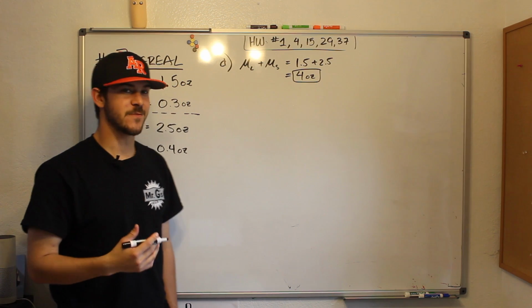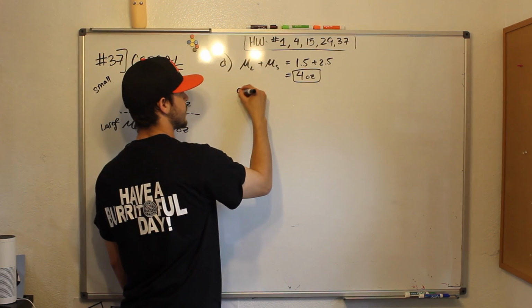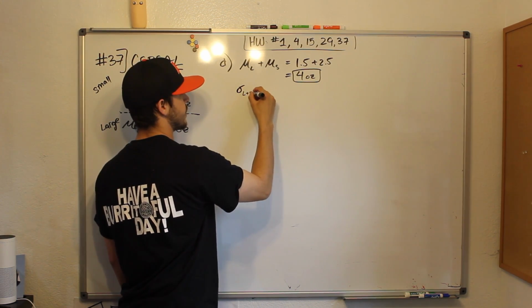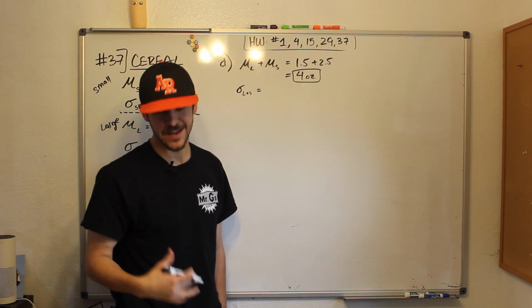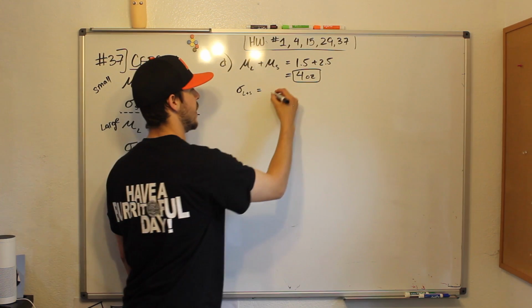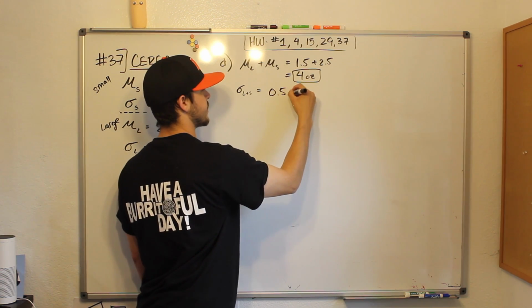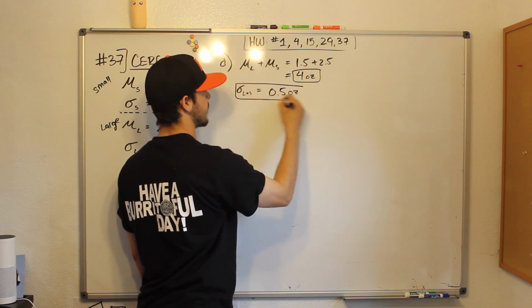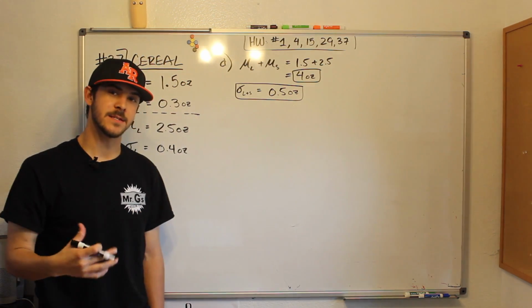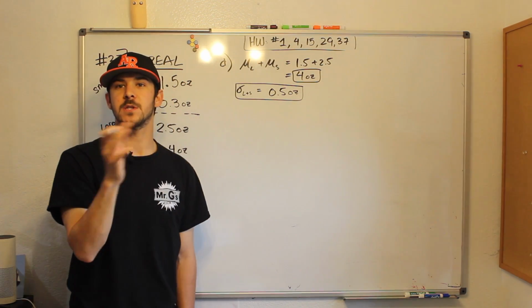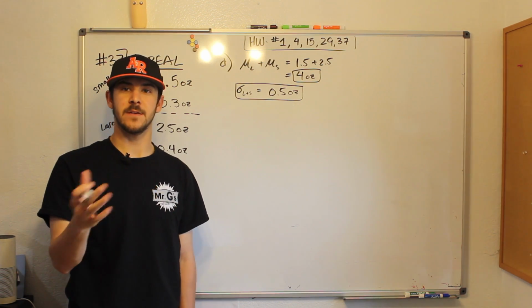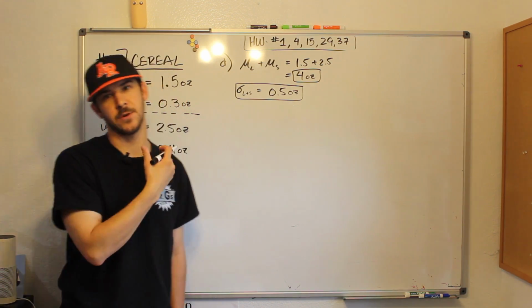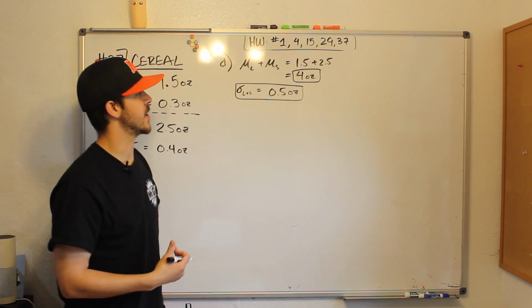The standard deviation follows a similar way. It's actually going to be exactly the same as our problem before, 0.5, because the standard deviation of the difference between the two bowls and of the sum of both of these cereal bowls are actually going to be the exact same value.